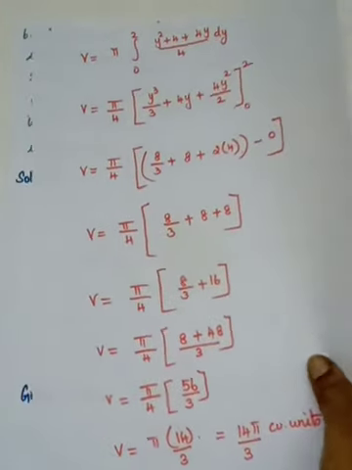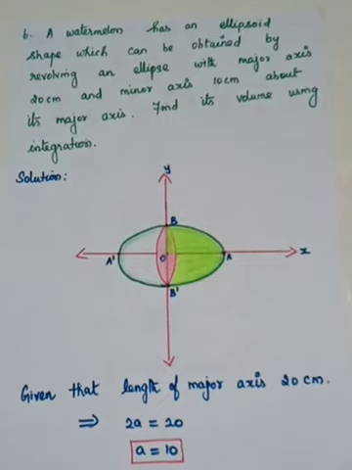Okay, so the next one, the sixth problem. A watermelon has an elliptical shape which can be obtained by revolving an ellipse with major axis 20 centimeters and minor axis 10 centimeters about its major axis.